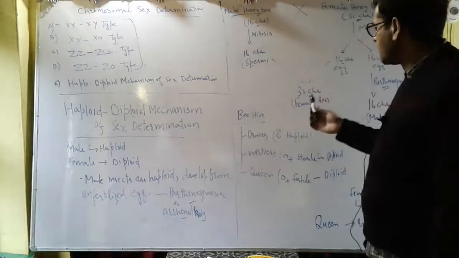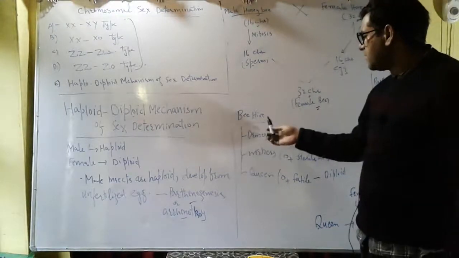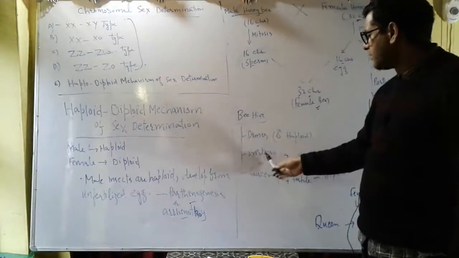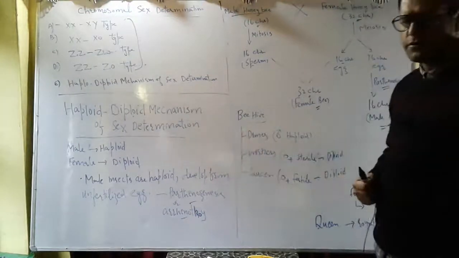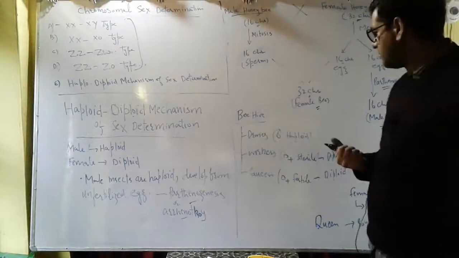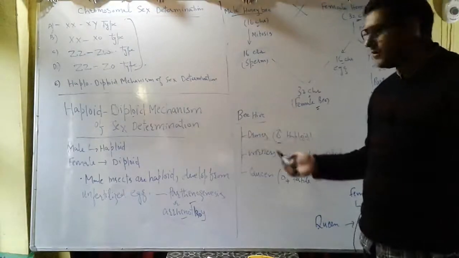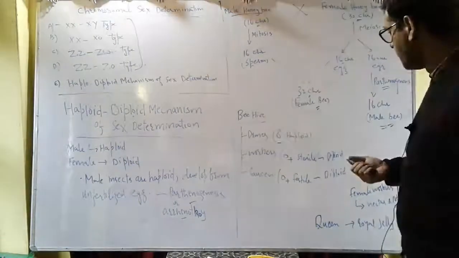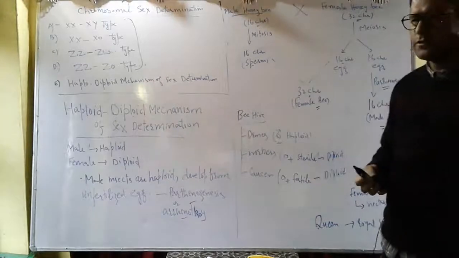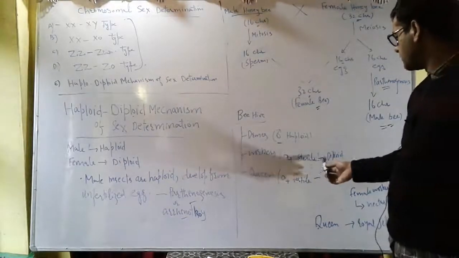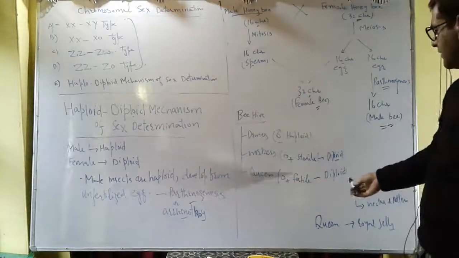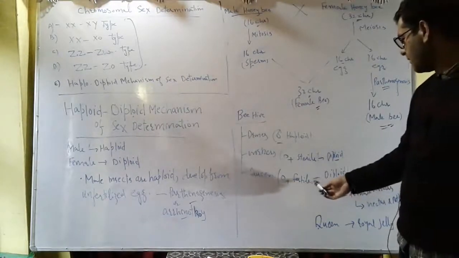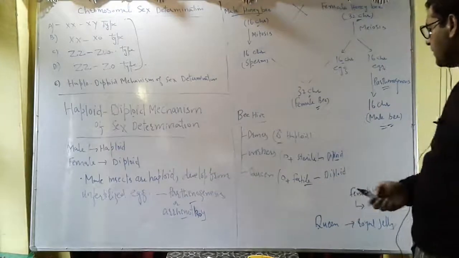If we talk about the beehive, we have drones, workers, and queens. Drone is simply male, and male is haploid. Workers are females, but they are sterile females. They are diploid. The queen is a female, but a fertile female.